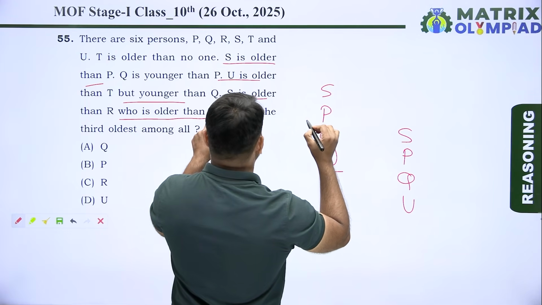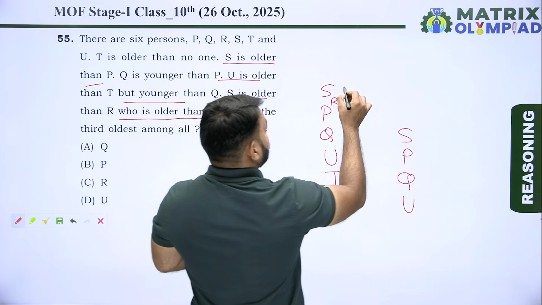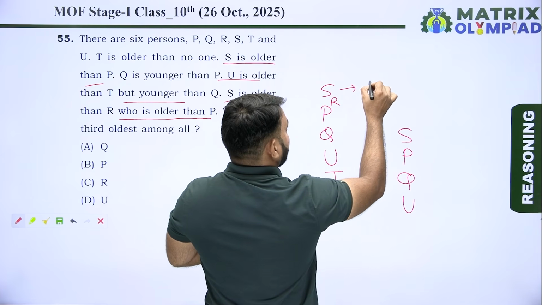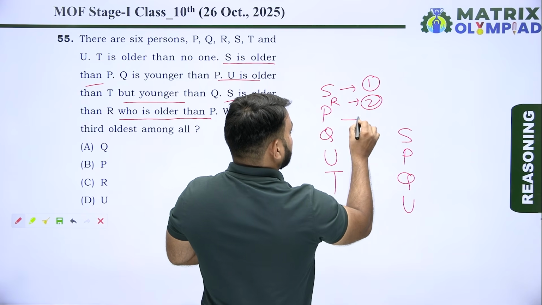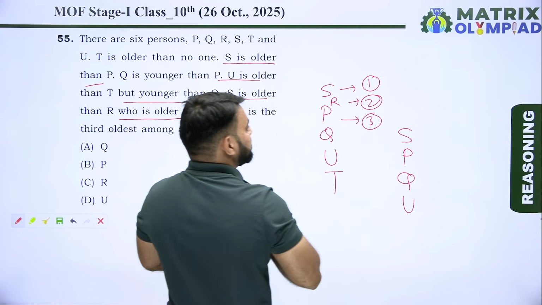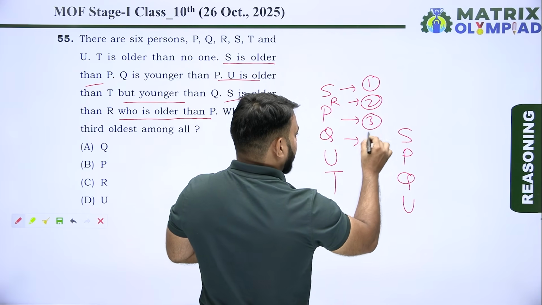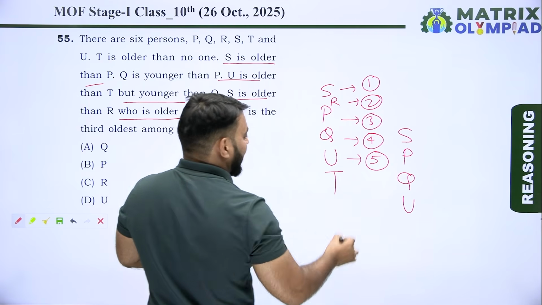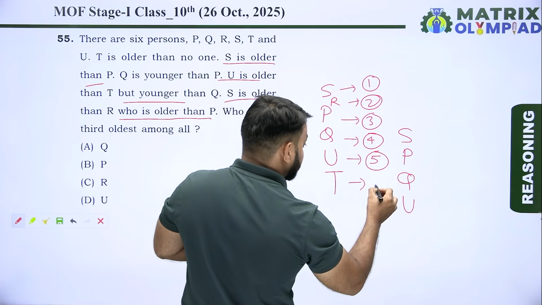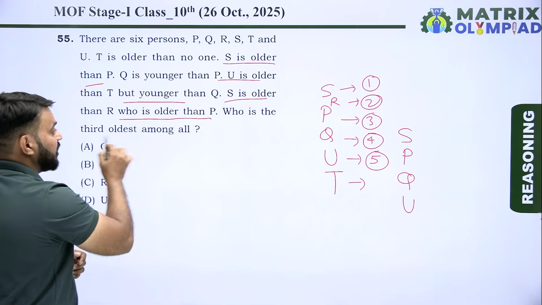Who is older than P? But R P से बड़ा है. So here is P. So first oldest is S. Second oldest R. Third oldest person is P. And fourth oldest is Q, and fifth oldest is U, and shortest person is T. So now question is, who is the third oldest among all?